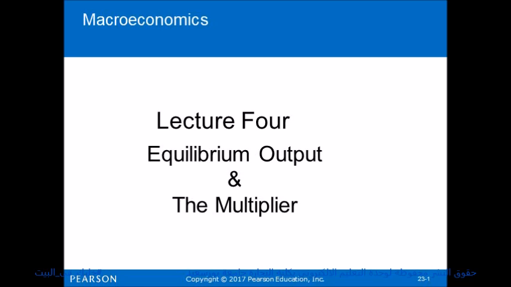Welcome back to our fourth lecture of macroeconomics on equilibrium output and the multiplier. Before, we did see Keynes's explanation of both consumption C and investment I by showing that the main determinant of consumption is income or Y, and that the main determinant of investment is the interest rate or R. Here we consider Keynes's view or theory of equilibrium output or income.